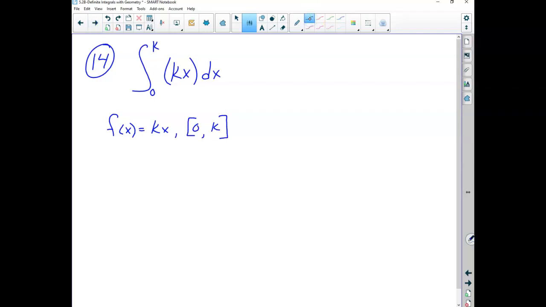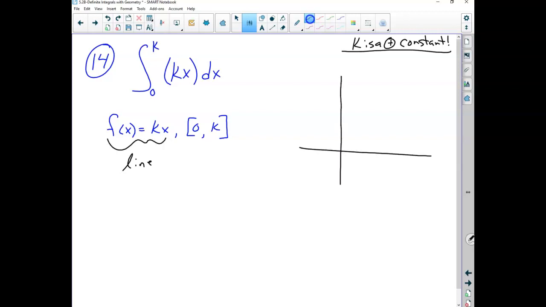Well, hopefully you identify that that little bugger is a line, because k is a positive constant. They told us that. That's important to know. So if I graph this, okay, I can say, what is f of 0? Well, hopefully we know that's k times 0.